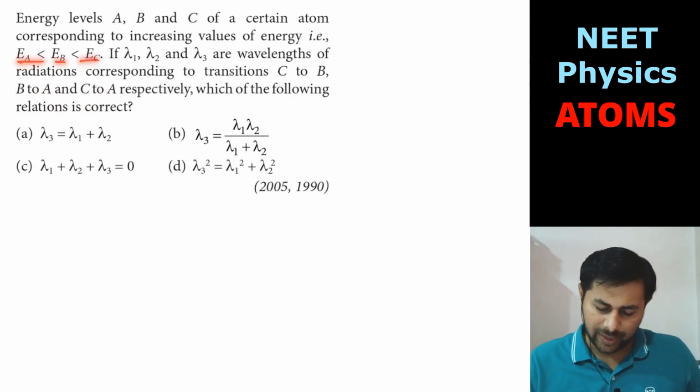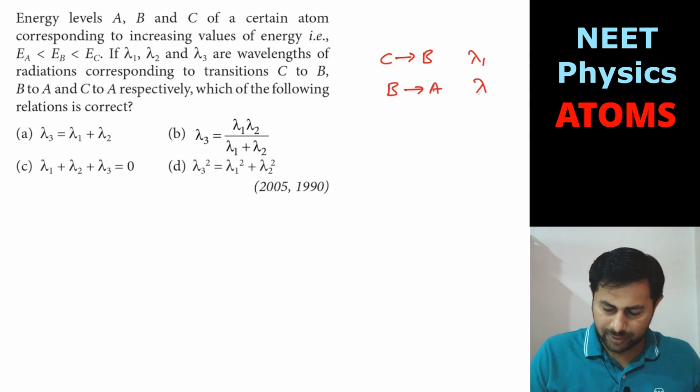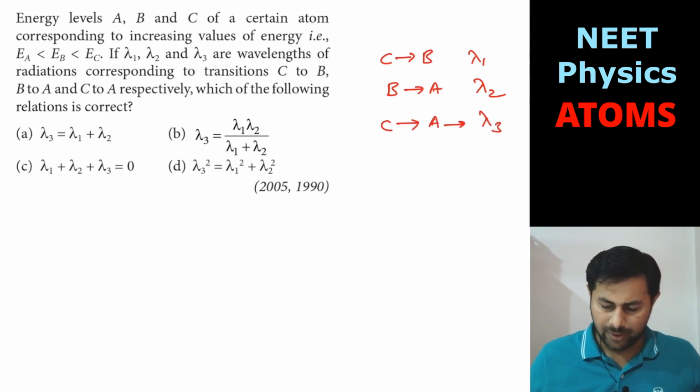So C to B is lambda 1, B to A is lambda 2, and C to A is lambda 3. So you want a relation between these wavelengths.